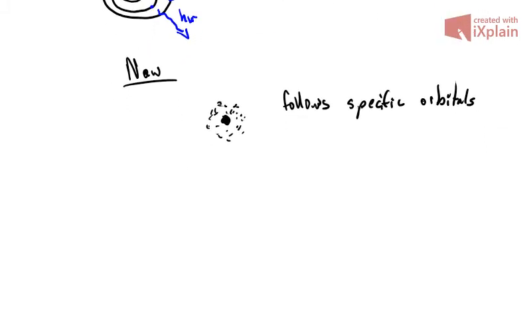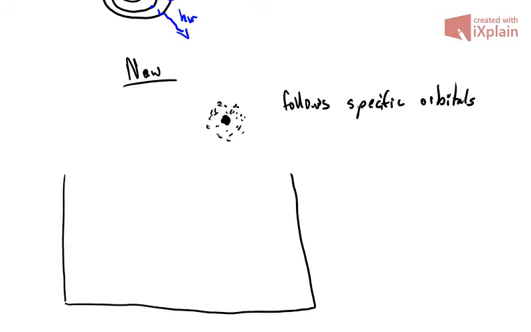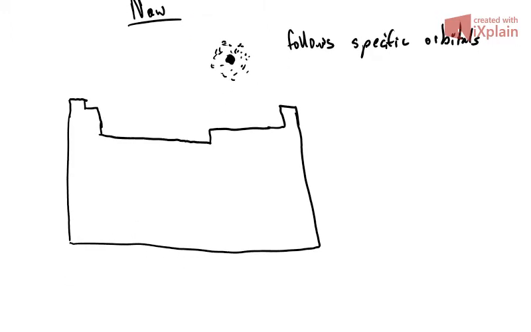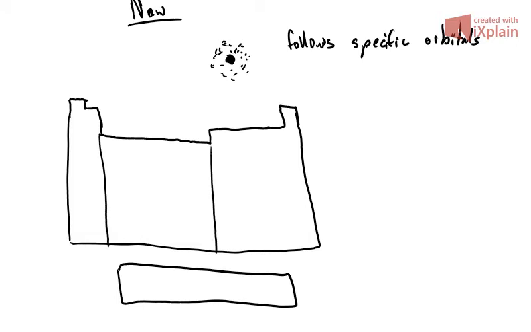Now, those specific orbitals can be found in our periodic table. Draw that. And finally there. And then the lanthanides and actinides.